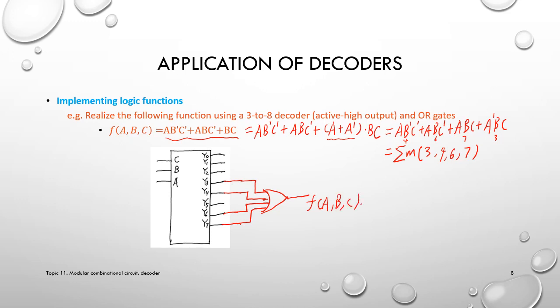Because y3 corresponds to the minterm a'bc, y4 corresponds to ab'c', y6 corresponds to abc', and y7 to abc. You can check with the previous slide to see if I'm right. And if the function changes, you can still manipulate the outputs and the OR gate to realize it.